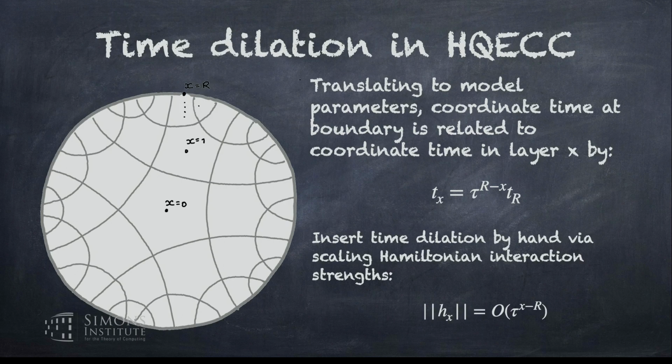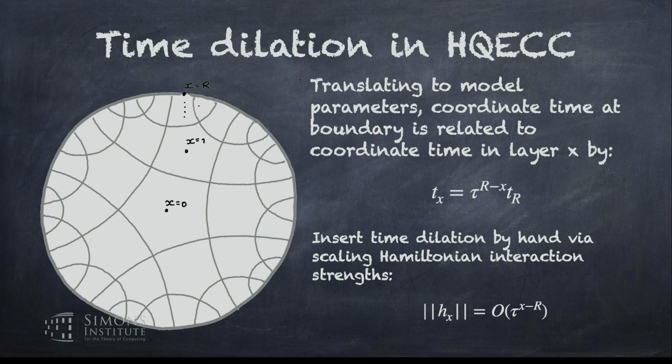Okay, so what does it mean to have our time running at this speed in the center? It's not clear at all. But we're going to put it in by hand just by scaling the Hamiltonian interaction strength. When we're looking at time dynamics, time only ever appears multiplied by the Hamiltonian. So we can leave time as something we're not going to worry about, and modify the Hamiltonian interaction strength in such a way that we get this idea of time running slower in the center of the bulk.